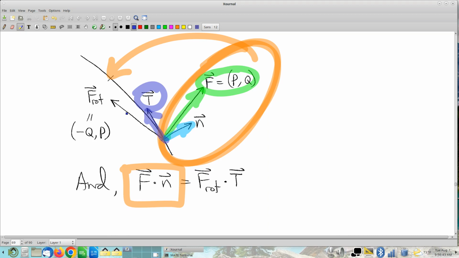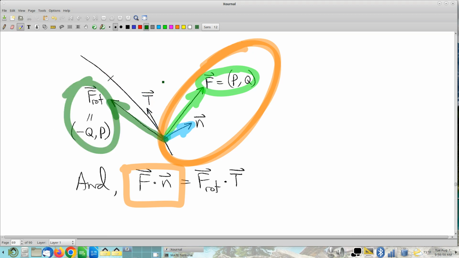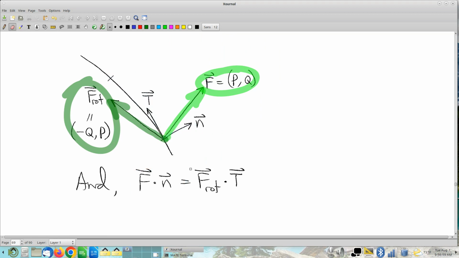And now, likewise, when you rotate the p comma q, well, you're going to get some other thing, and an easy little exercise to persuade yourself, and let me get rid of my distraction colors here. When you rotate p comma q, the result is negative q comma p.